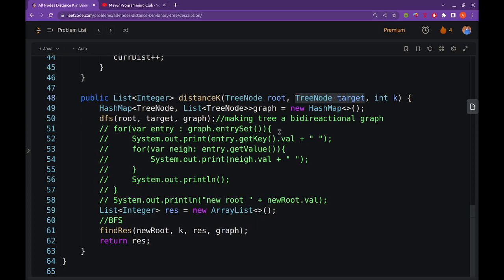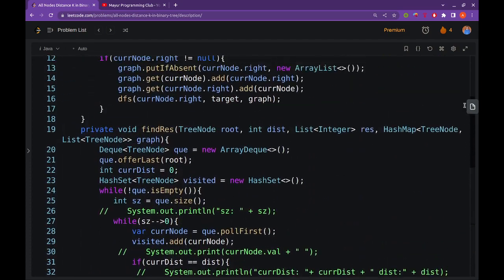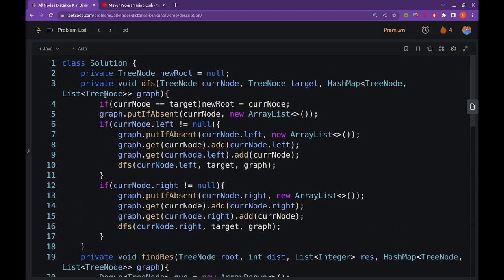Please ignore these comments. These are just for the debugging part that I was doing while solving the problem. Then moving towards the link making part and finding the target node and storing its address. Here we are storing the address of the target node. If the current node is equal to the target, then we will simply store its address.